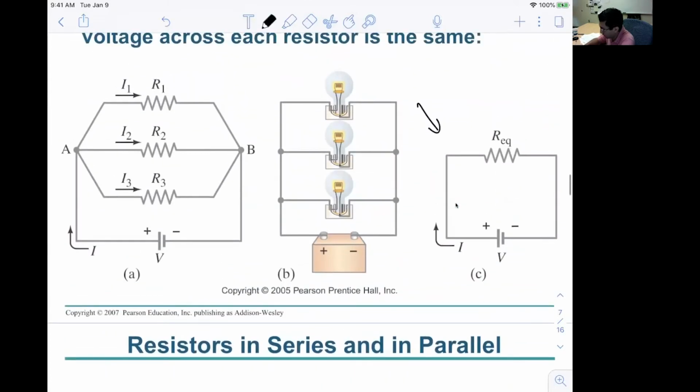And the potentials are I1 R1 equals V1, I2 R2 is V2, I3 R3 is V3. And V1, V2, and V3 are equal to V, the battery.